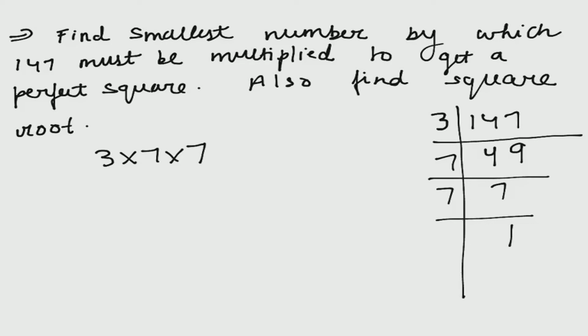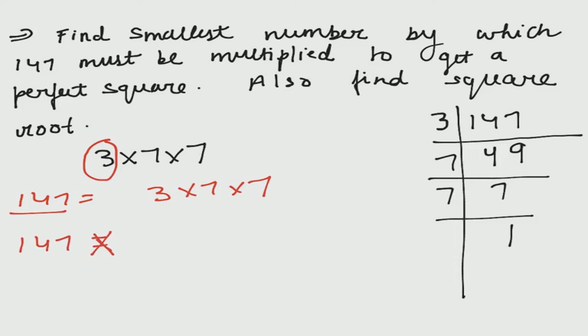Clearly here we can see 3 is not in a pair. So 147 comes as 3 times 7 times 7. So we have to multiply 147 by 3 to make it a perfect square.